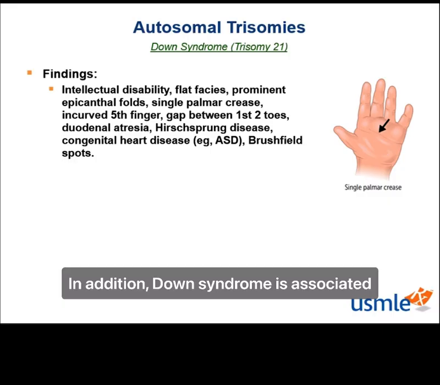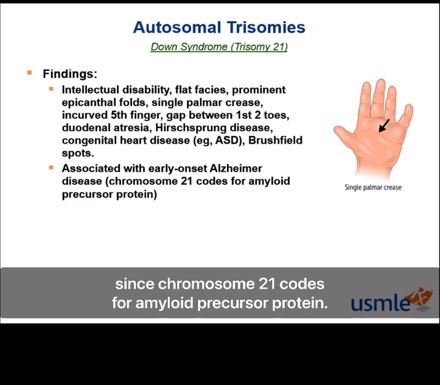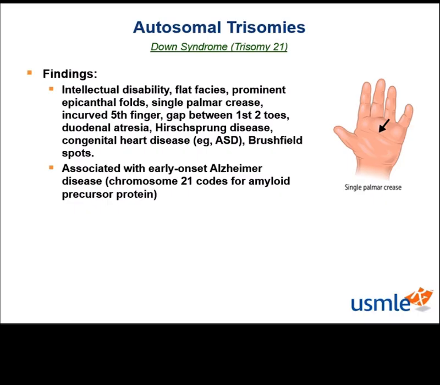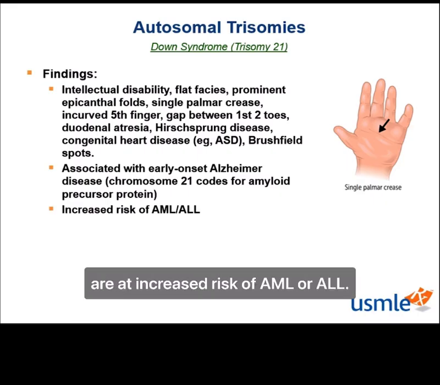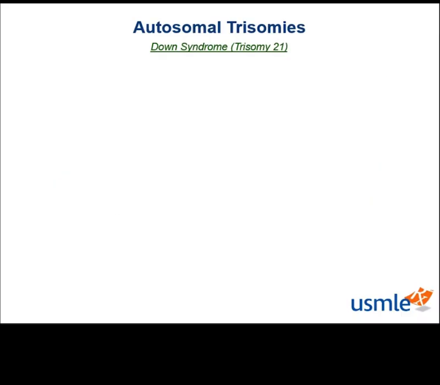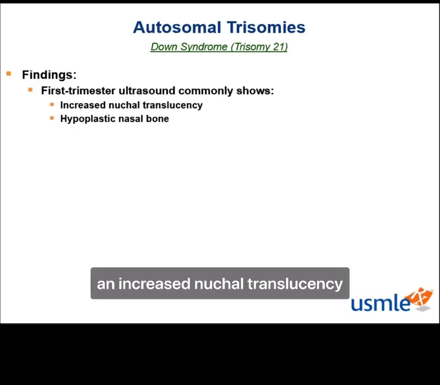In addition, Down syndrome is associated with early onset Alzheimer's disease, since chromosome 21 codes for our amyloid precursor protein. Also, patients with Down syndrome are at increased risk of AML or ALL. Findings on first trimester ultrasound commonly show an increased nuchal translucency and a hypoplastic nasal bone.